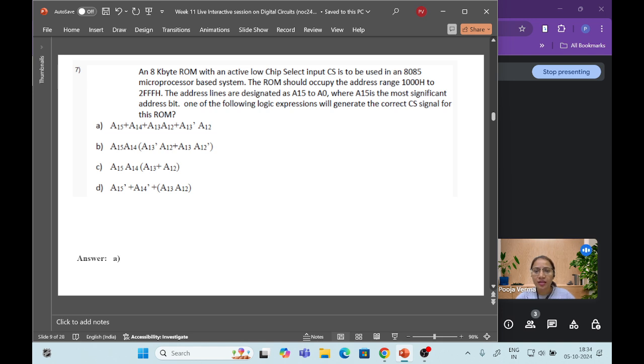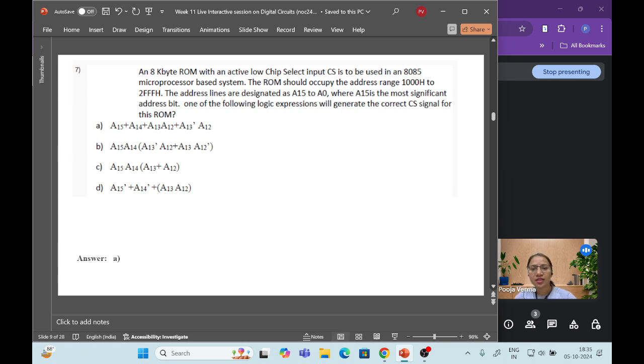The address lines are designated as A15 to A0, where A15 is the most significant bit. Which of the following logical expressions will generate the correct CS signal for the ROM?